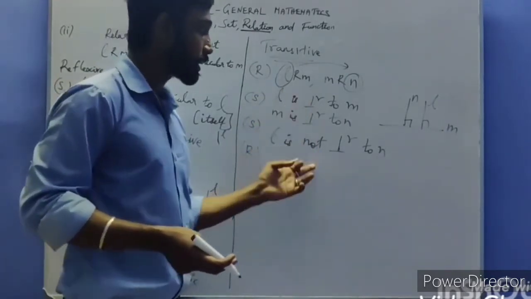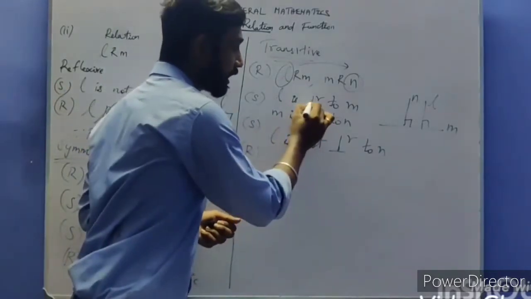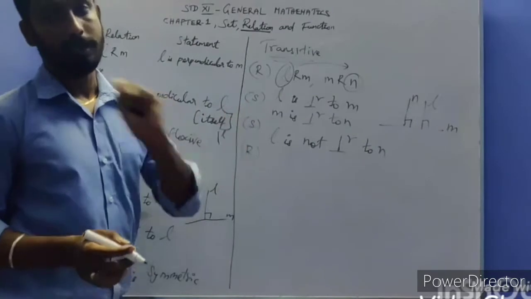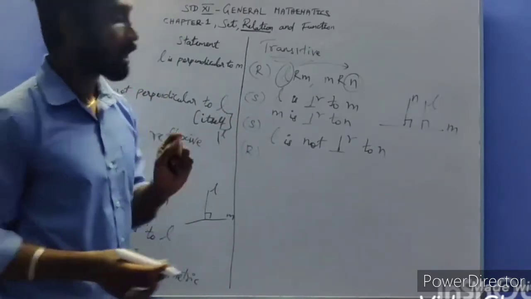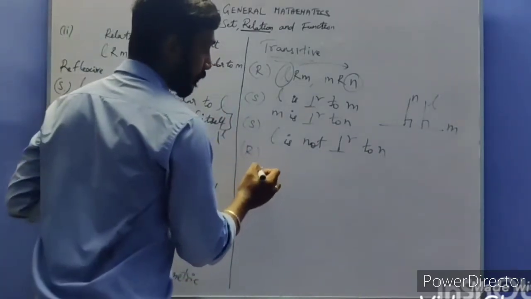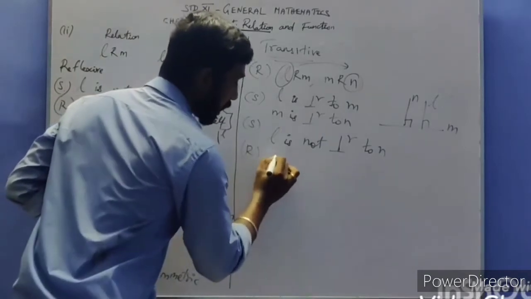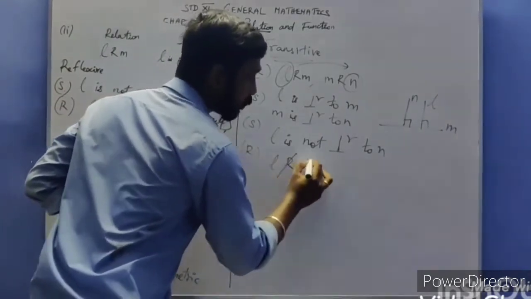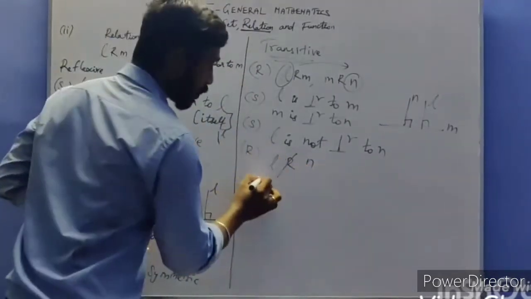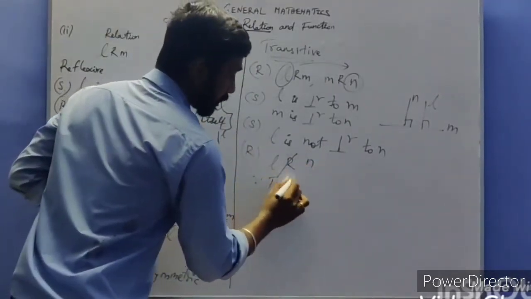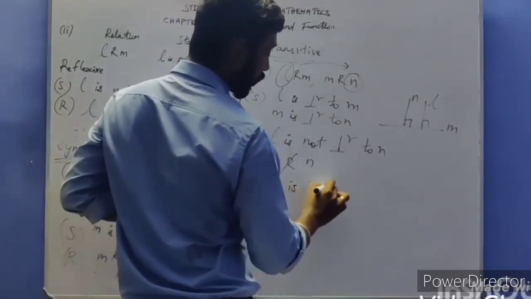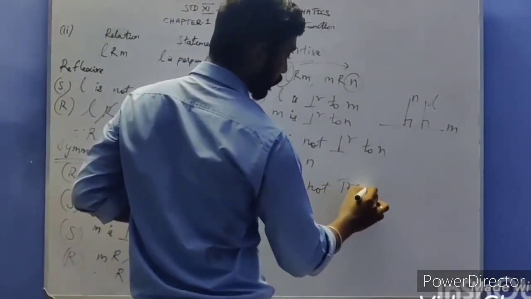If any one of the three statements is not possible, it is not transitive. It is a condition. Now we have to write: L is not related to N. So R is not transitive.